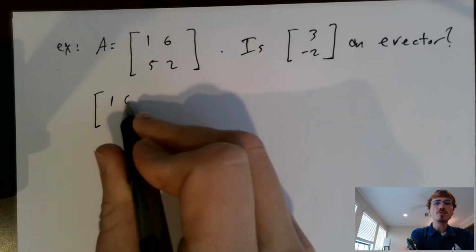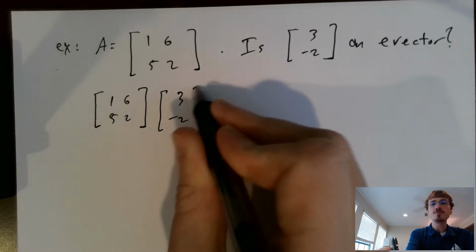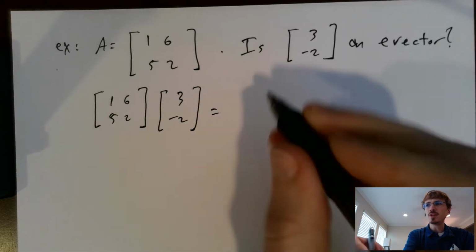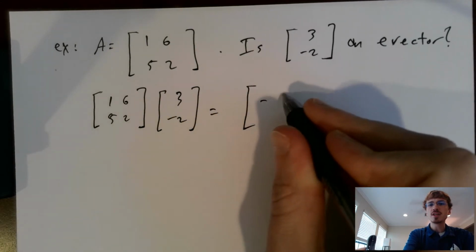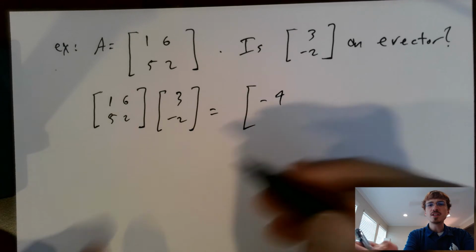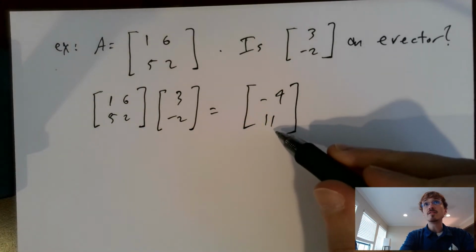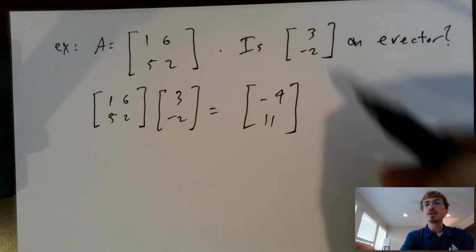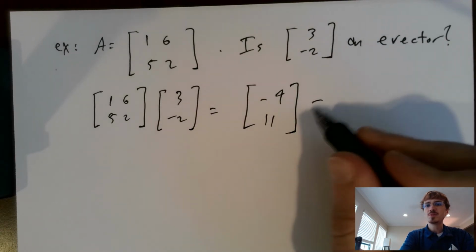We want to compute 1, 6, 5, 2 times our vector 3, negative 2, which is going to be 3 minus 12, which is negative 9, and 15 minus 4, which is 11. Is negative 9, 11 a scalar constant times the vector 3, negative 2? No, it is not.